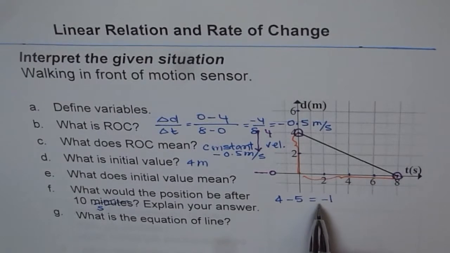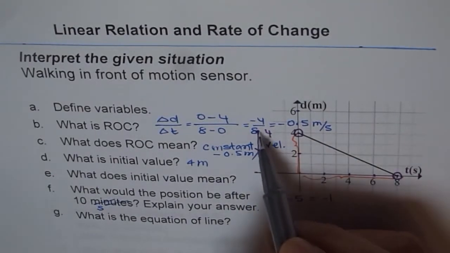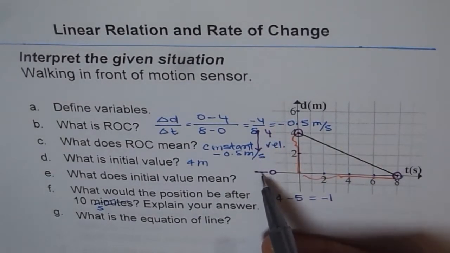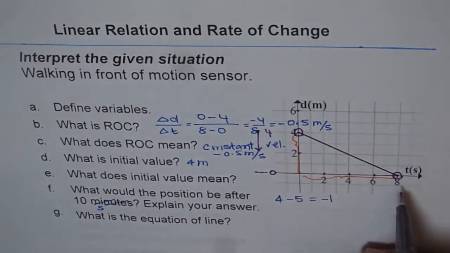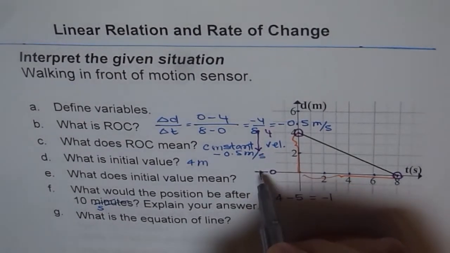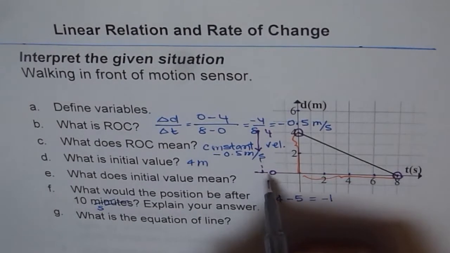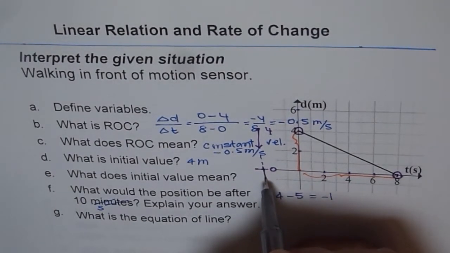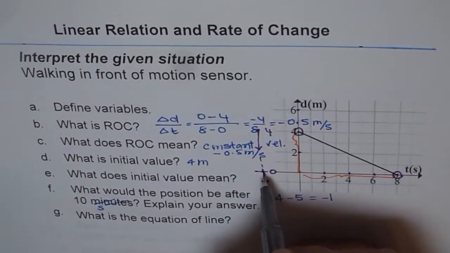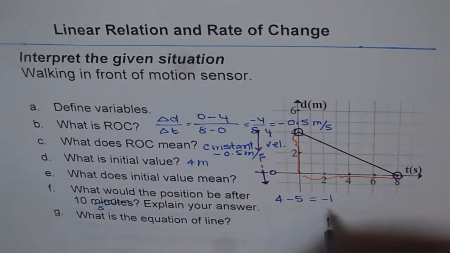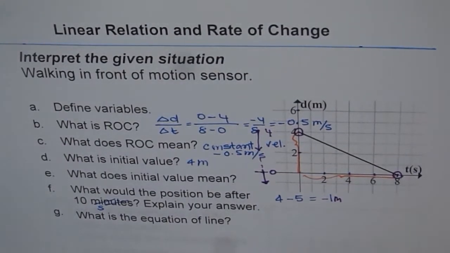Negative means what? Now let me get back to the initial diagram, which is kind of messed up now. So you started 4 meters away from the motion sensor. In 8 seconds, the person reaches the motion sensor. And then the person goes past, right? And it is on the other side of the motion sensor, 1 meter on the other side.